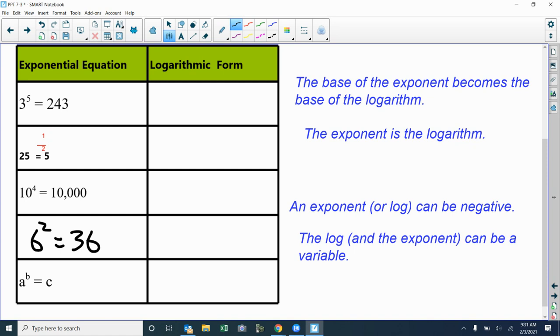Write it in log form. It would be log, my base would be 3, of 243 equals 5. See if you can jot down those next couple. Just practicing going from exponential to log.